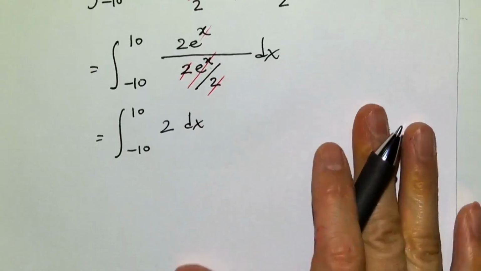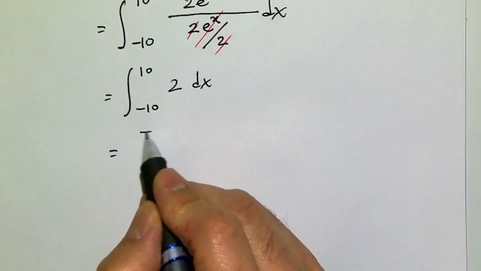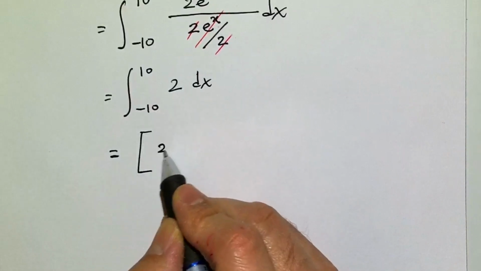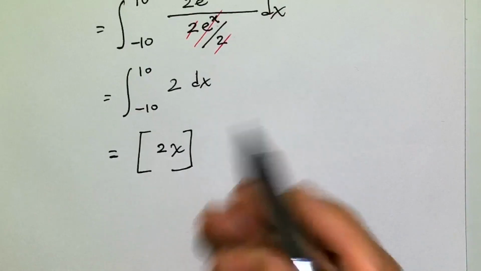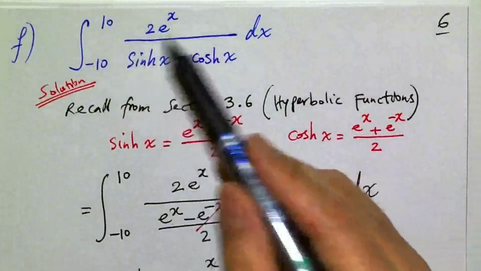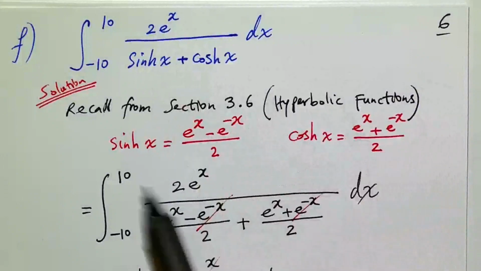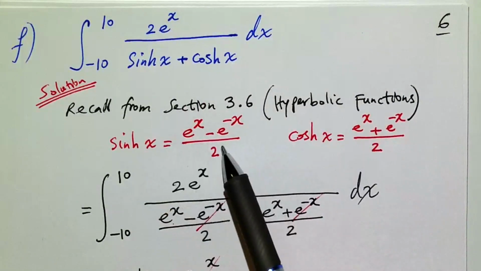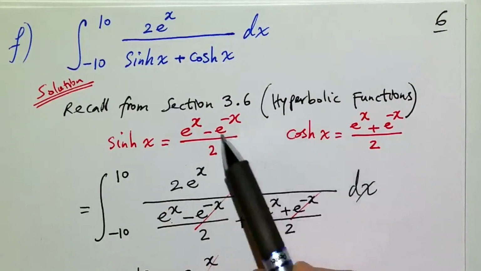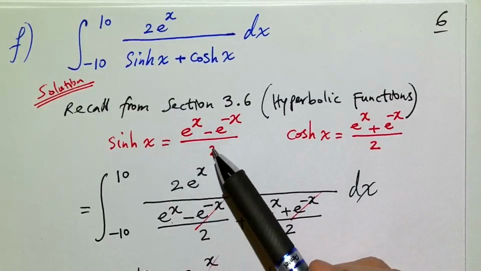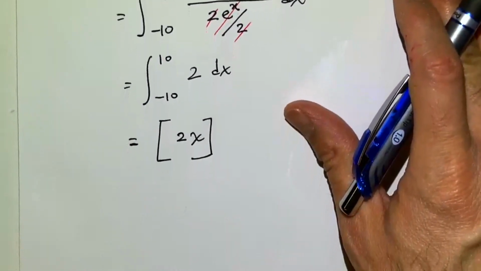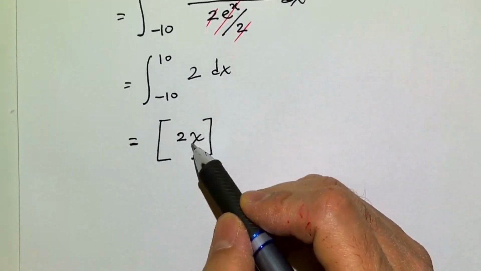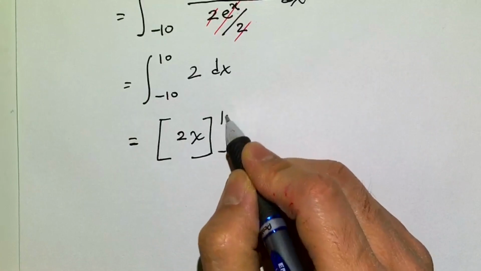Okay, so this has a very easy antiderivative, of course. So 2x. Compare what we have with what we started with, and look how much these formulas made life easier for us. We just plugged in and everything simplified. So the antiderivative is 2x going from negative 10 to 10.